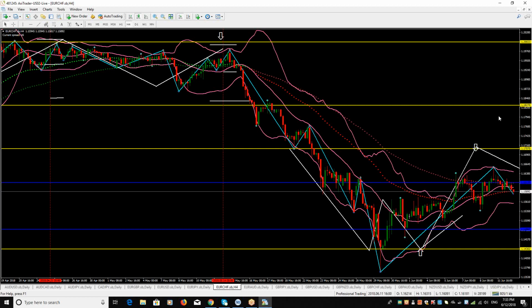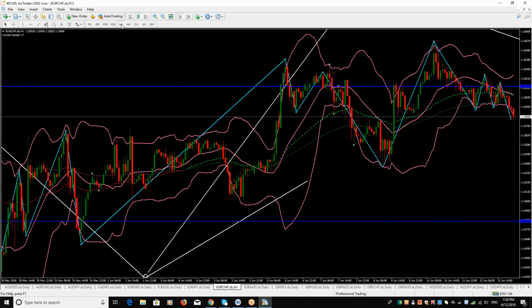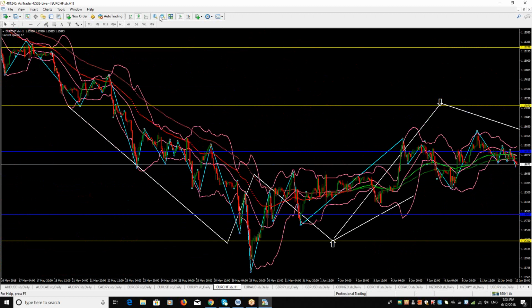But anyway, we're not trading the 4 hour time frame, we're trading just the hourly time frame. On the 4 hour the market is red, so we're looking for only sell trades. You could say in your trading strategy that you're only going to trade the direction of the moving average on the 4 hour time frame. Then I will go to the hourly, so this is what we know on the hourly.